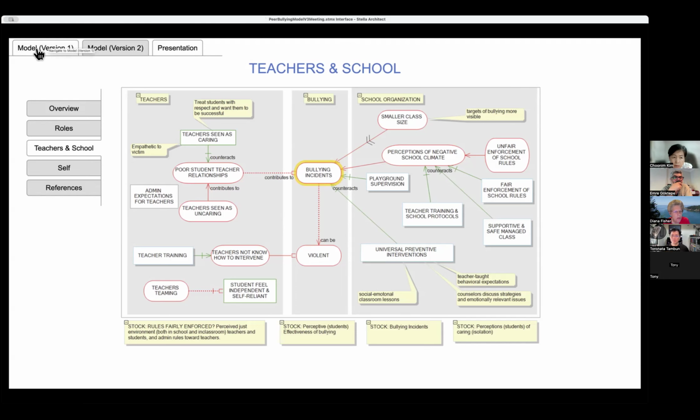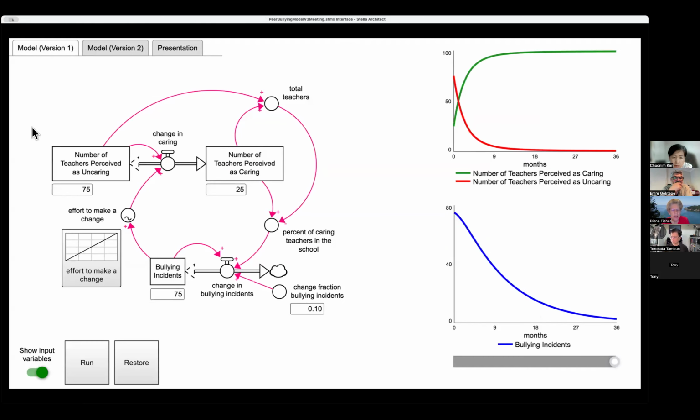So model one here is the first model that was developed by our first leadership team. It had the stock of bullying incidents, which can increase or decrease by flow. And then it had the number of teachers perceived as uncaring and the number of teachers perceived as caring.